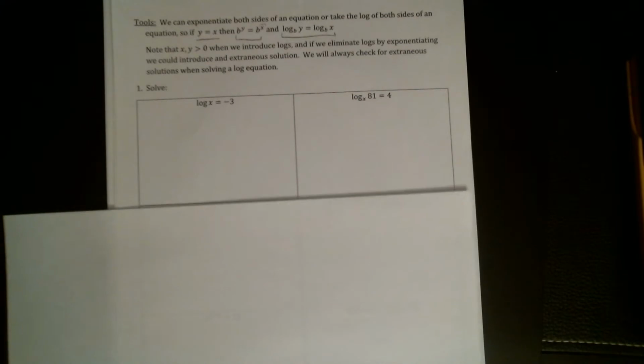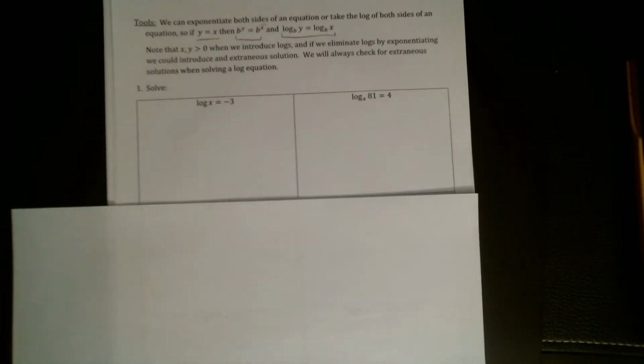Okay, first pair. Again, we're going to start off with things that hopefully aren't too messy and see if we can be really careful and figure out all the tricks along the way. So here, if I'm trying to solve for x, I'm hoping to get rid of this log because there's no base. I'm assuming that's a common log, log base 10. To get rid of a log base 10, I would need to use an exponential with a base of 10. So this is going to be an exponentiate step.